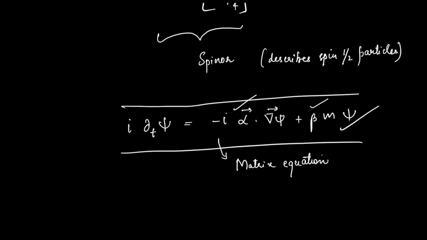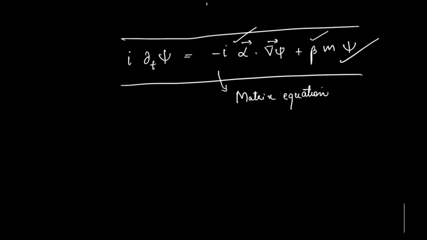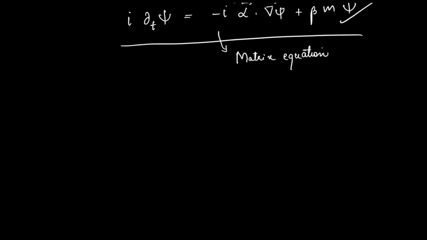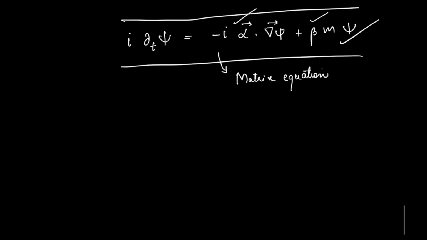For convenience, let's change the form of this equation. First I'll multiply it with beta on both sides, for changing the notation.